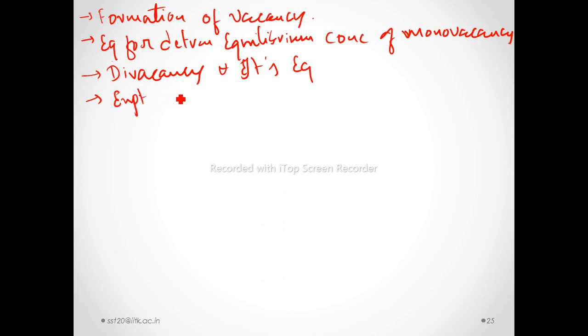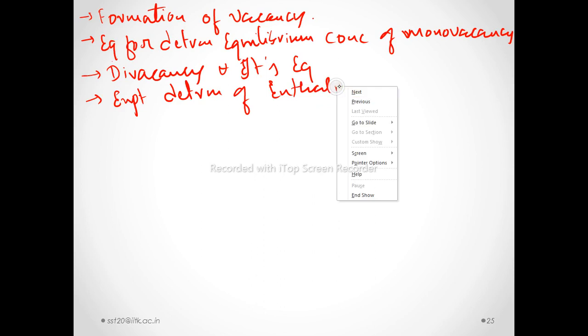Experimental determination of enthalpy of vacancy formation.